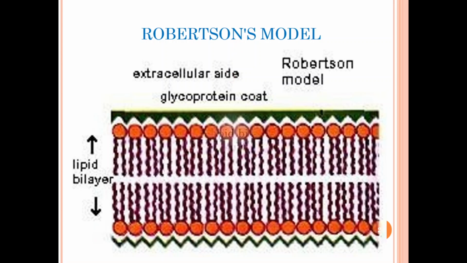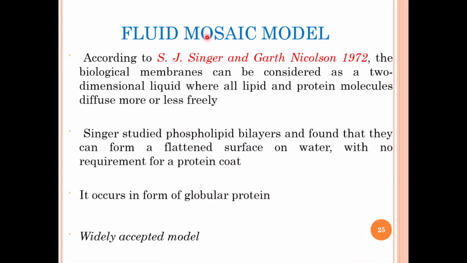Now let's see the third one, the fluid mosaic model. This is the most important, and we are still studying it now. According to S.J. Singer and Nicholson, in 1972, biological membranes can be considered as a two-dimensional liquid where all lipid and protein molecules diffuse more or less freely.